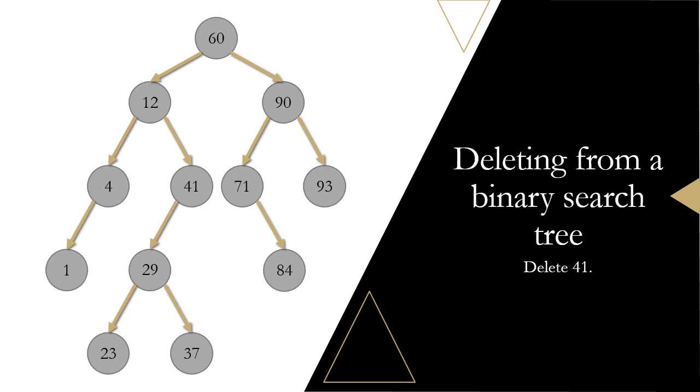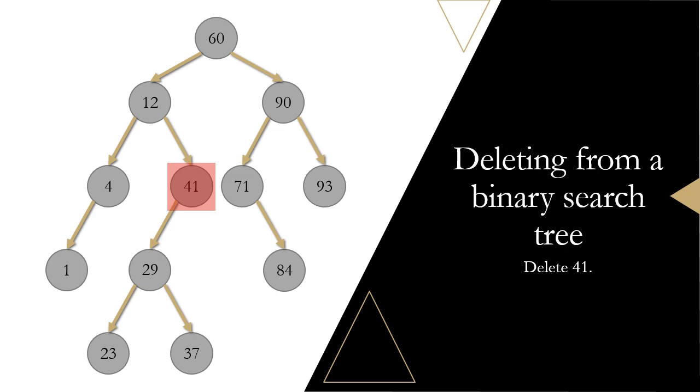Now I want to delete 41. I call the search function and it locates 41 here. But 41 has a child, which is 29. How can I delete 41 and how will I adjust 29 in the tree? I first locate the parent of 41, which is 12.